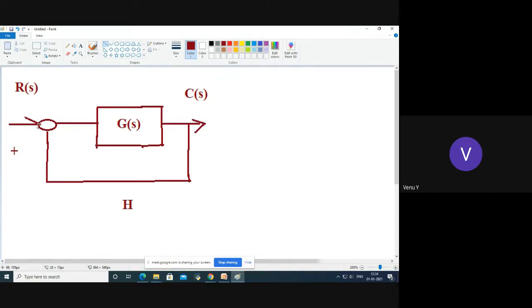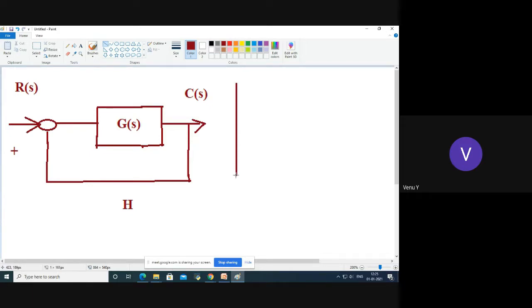Okay. Input. This is the input. Now, if you look at the figure, this is the classical control system. Feed forward transfer function G, feedback transfer function H.